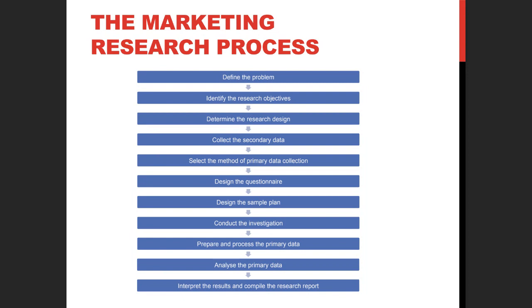In the research report, basically you explain the problem, you highlight the objectives, the design that was used, the secondary data, what you obtained from secondary data, how you collected the primary data, how you analyzed the primary data, then also your findings and your conclusions. You also provide your recommendations in that particular report. That will be the end of the marketing research process.